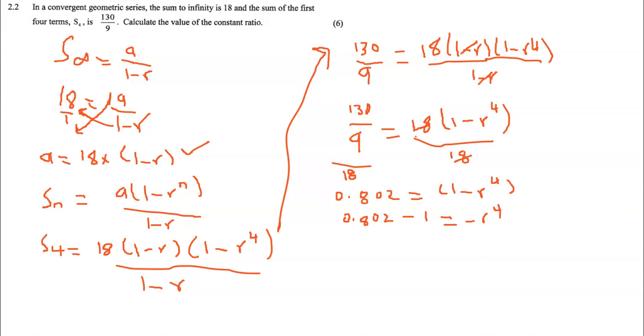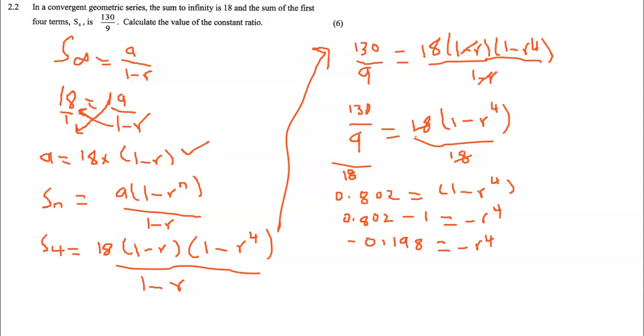So now it will be the number that you got before, or the fraction that you got before, and you will minus 1. So that whole number, just minus 1, and it will give you an answer, which will be negative 0.198 if you're doing decimals, same thing as about negative 0.2, equal to negative R to the power of 4.